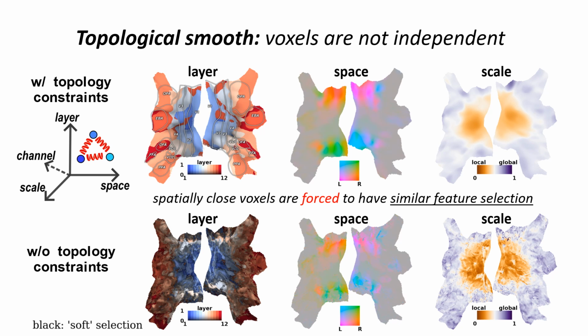Data from a single brain voxel is highly noisy due to the nature of fMRI, but we can greatly boost the signal-to-noise ratio by considering neighborhood voxels. Without the topology constraint, the brain-to-network mapping will be noisy and highly uncertain. In this image, black means a low confidence soft selection, which means a uniform average of all layers.